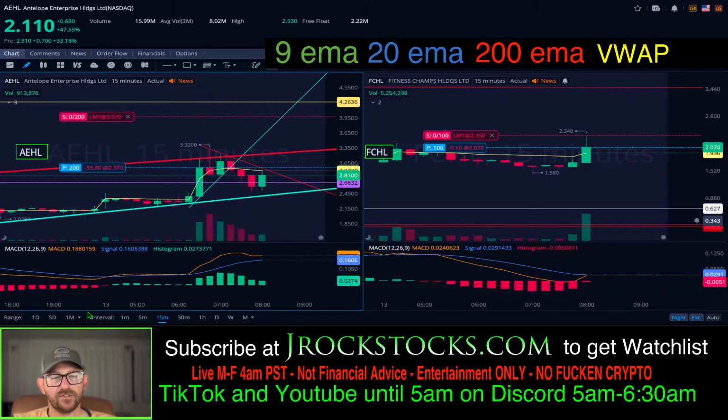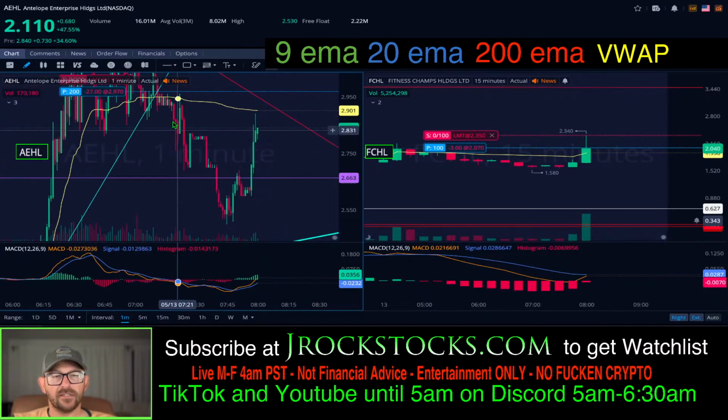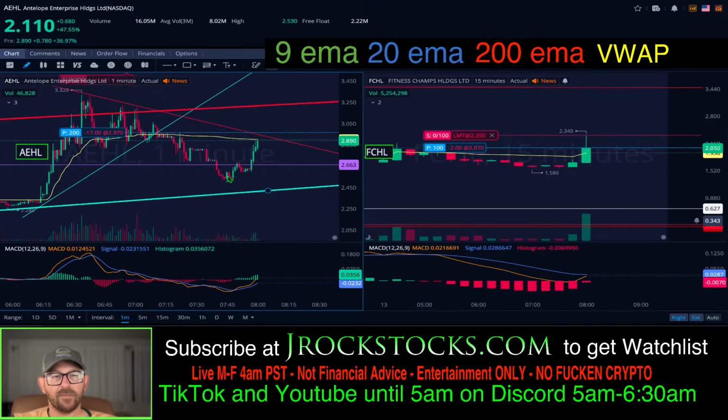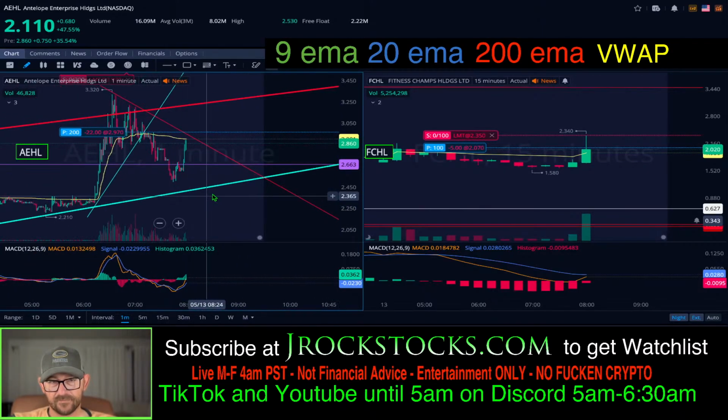Trying to see if OCG wants to come back for me. Here's what a 1 minute looks like. You see it didn't look very happy, but it didn't quite make it to that green line. So we've still got the rising wedge still intact here.